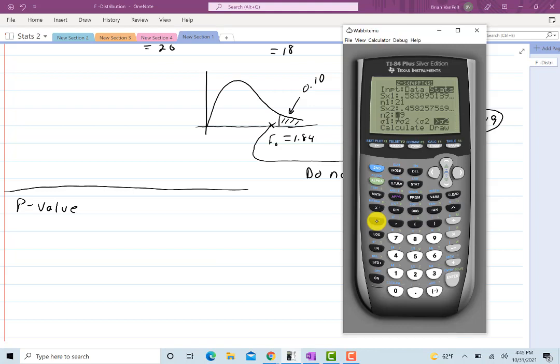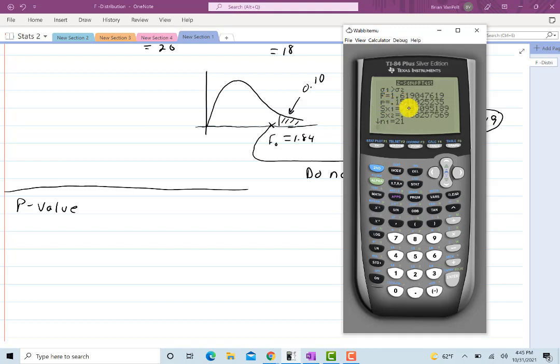N2 is equal to 19. The way we set it up, we want sigma 1 squared greater than sigma 2 squared. But if we know they're both positive numbers, then this absolutely means that sigma 1 is greater than sigma 2. And then go down to calculate. And let's see what you get. There I get my f stat, my test stat again, 1.619. But I'm more interested in the p-value here.